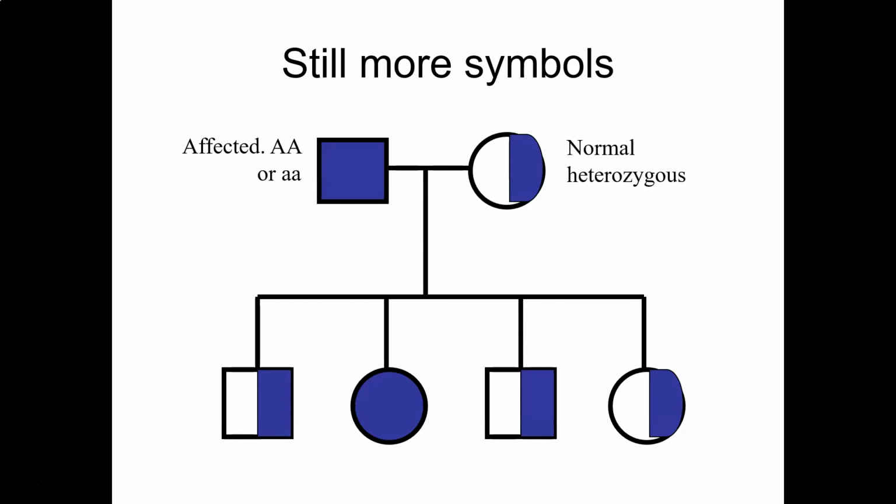We'll talk more about that in the actual application. And if it's a dominant disorder, sometimes the heterozygote can also be fully expressed. It'll be fully shaded. But typically, fully shaded means they display the genetic disorder or the genetic trait. Half shaded means they carry the trait, which usually means heterozygous.